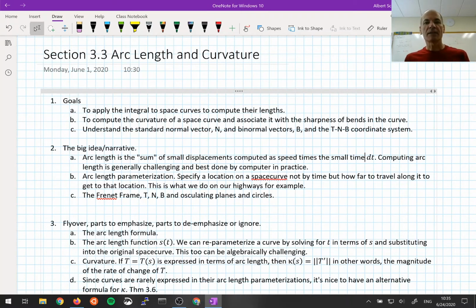And if you think about it, that's exactly how we mark locations on our highways. We pick a starting location. Imagine that you're driving along Interstate 90 and you hit the Washington-Idaho border. At that point, the mile markers reset to 0. And as you continue along 90, you see mile marker 1, mile marker 2, into Idaho.